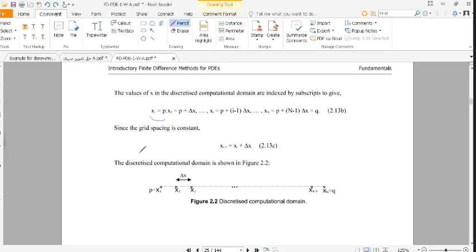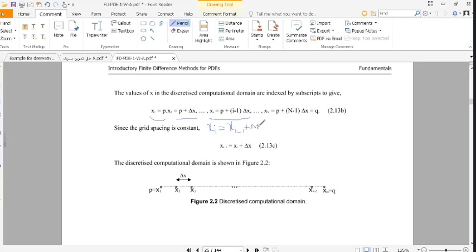It is better that you use x1 for the start point, not x0, but it's not important. It's optional, and it's better you use x1 for the start point, for the p. x1 equal to p, x2 is p plus delta x, xi equal p plus (i minus 1) delta x, or you can write xi equal to xi minus 1 plus delta x.